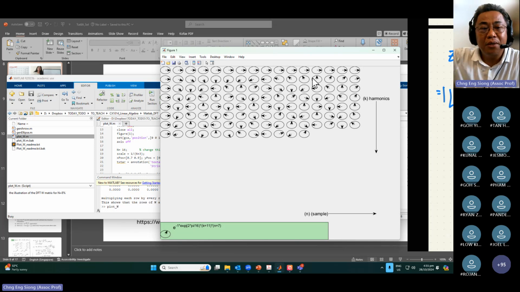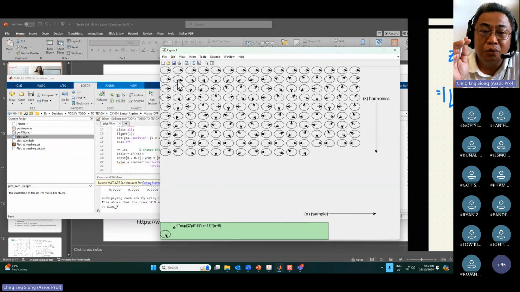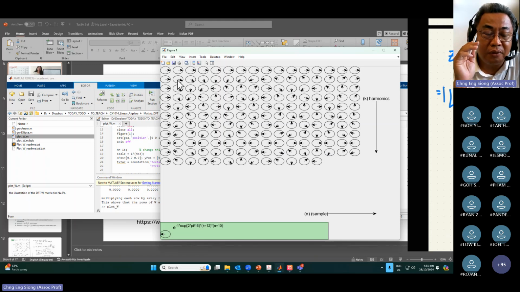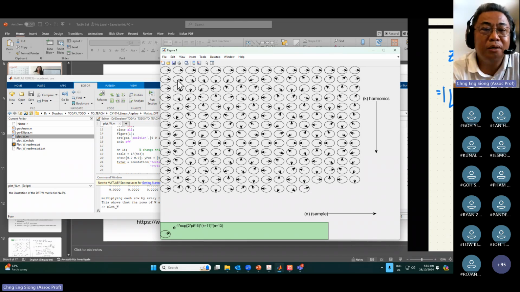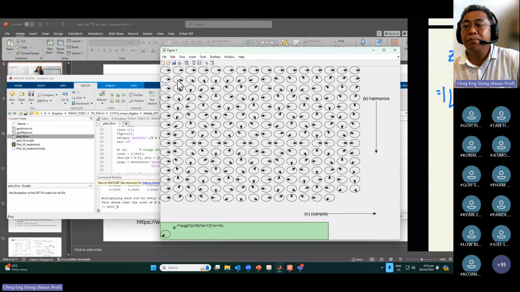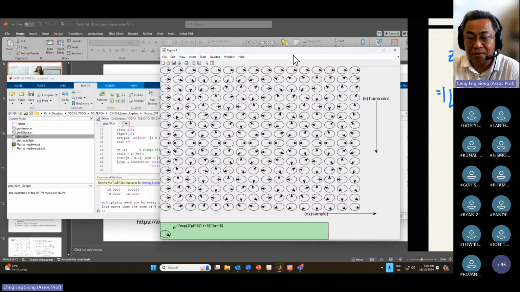At the 16th sample, you will hit back exactly the first point. So the first row, k equals 1 of the W matrix is the most exciting one. It tells us how many samples are required to make one complete revolution for the complex exponential. Okay, so this is the W matrix as a phasor.